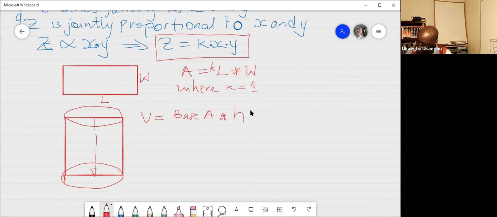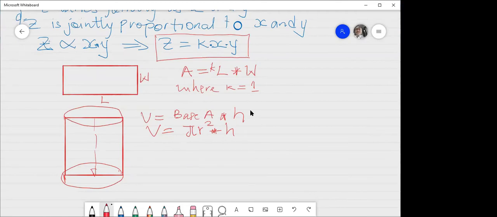So what's the base area? A circle. Base area will be pi r squared multiplied by the height. That's the volume. So this is another joint variation because it has radius and also has height.